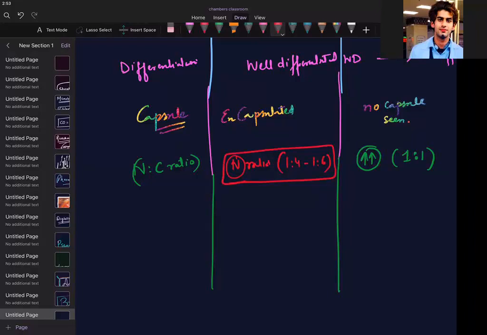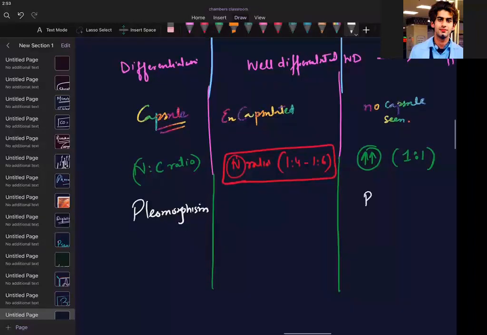So what about the pleomorphism? Which of the following will be showing pleomorphism? Who is showing pleomorphism? It's malignant, because malignant is going more towards the undifferentiated side. So it should be malignant. Very nice.